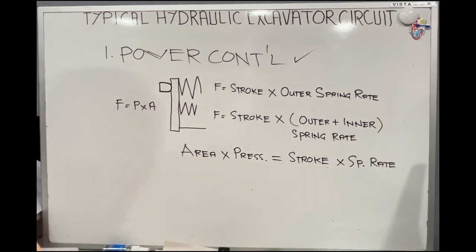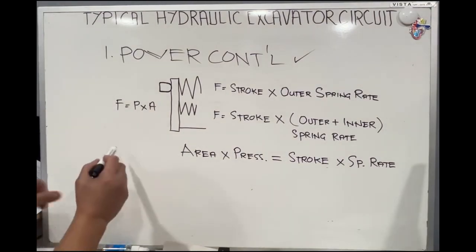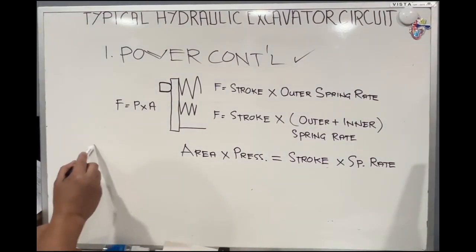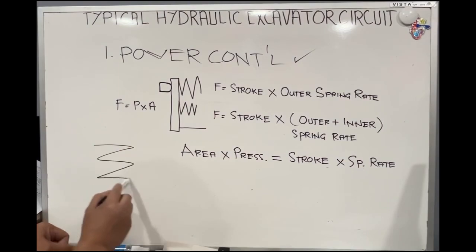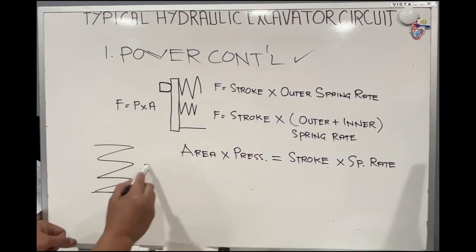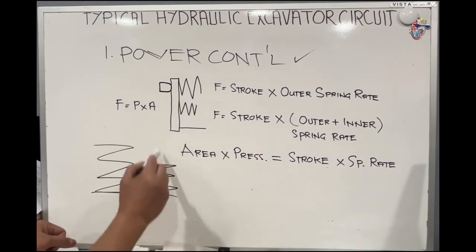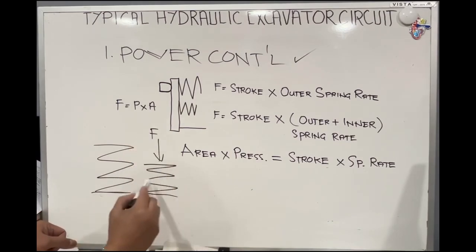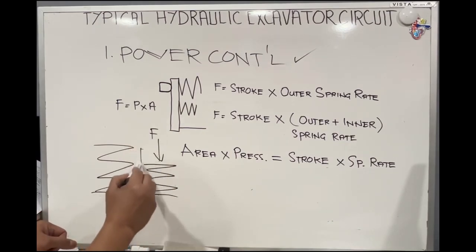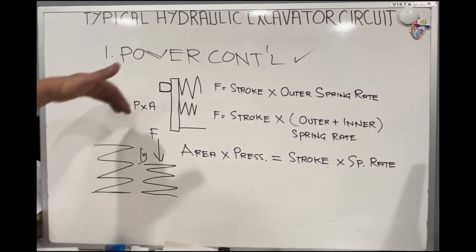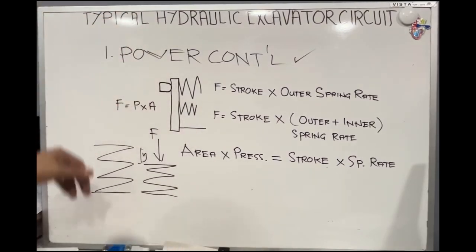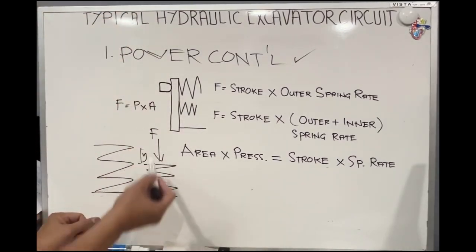So the delivery pressure, remember guys, this is your free length of spring. And when there is a load, that is your deflection. So again, when there is a pressure, it is proportional to your spring stroke.